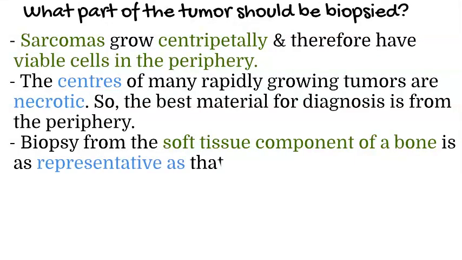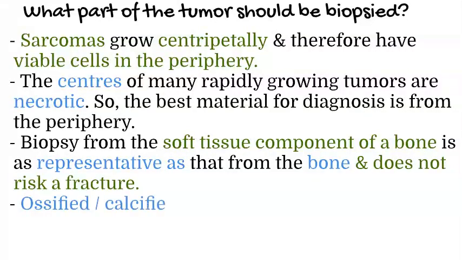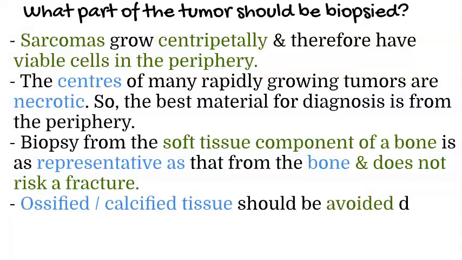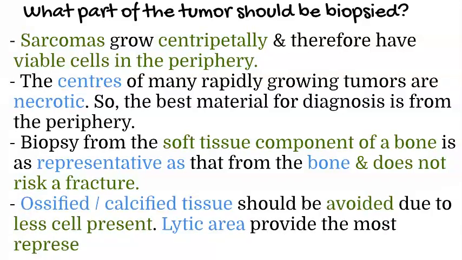Biopsy from the soft tissue component of a bone tumor is as representative as that from the bone and does not risk a pathological fracture. Ossified or calcified tissue should be avoided due to fewer cells present. Lytic areas provide the most representative tissue.